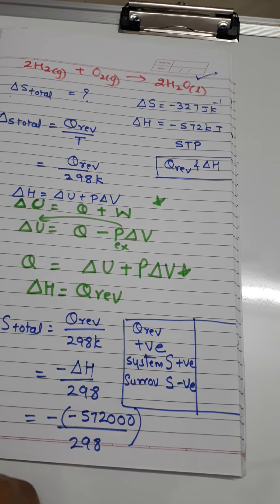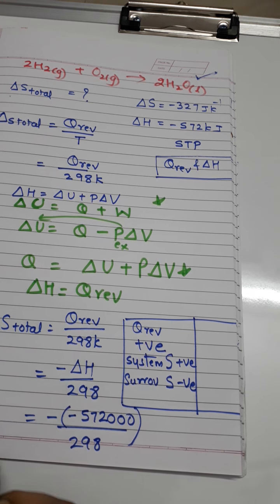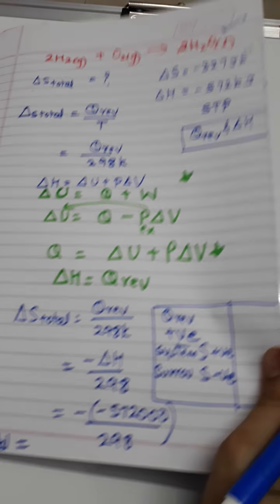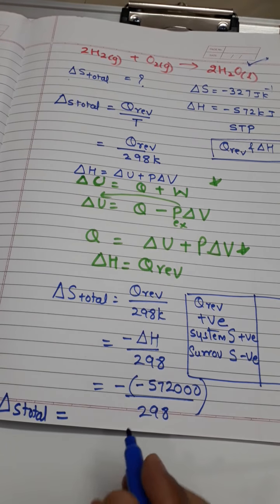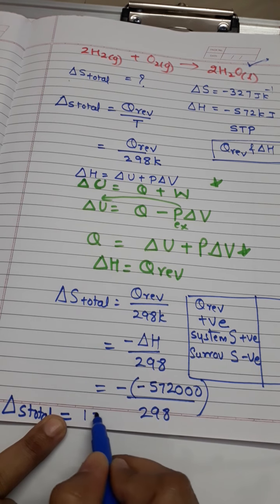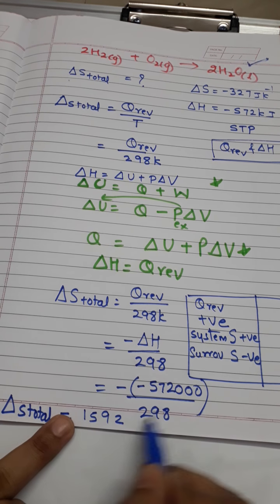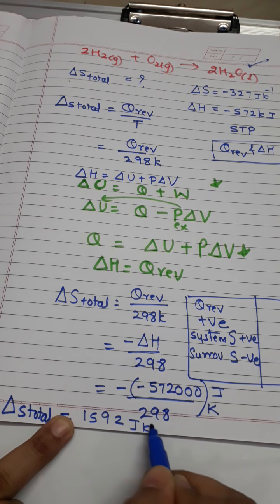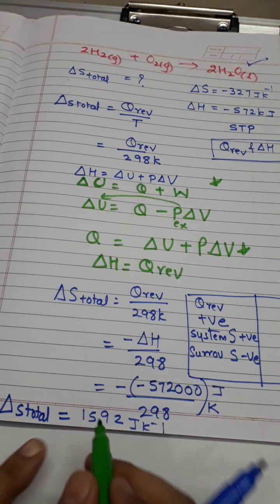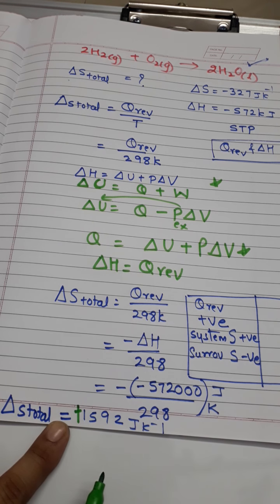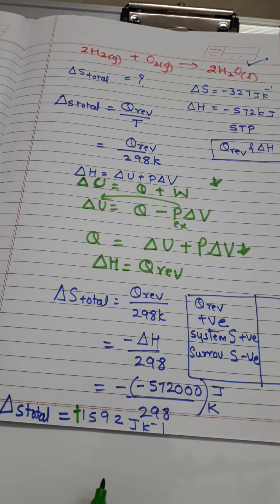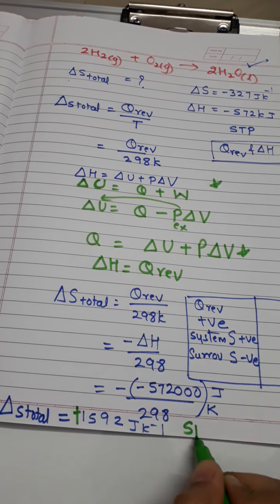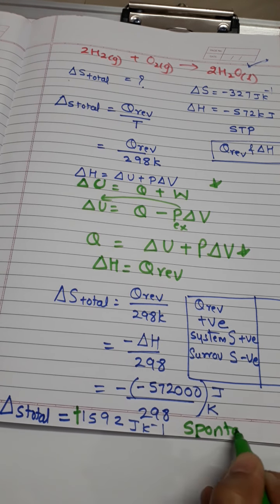When you solve this, you get the answer as 1592 joules per Kelvin. Now what we have to focus on here is that it is positive. So we got delta S positive. It means this reaction is going to be spontaneous.